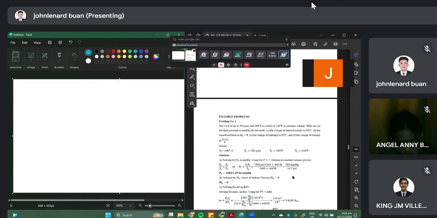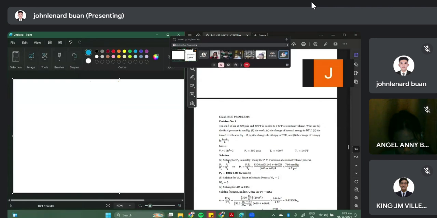What are A, the final pressure in mmHg, B, the work, C, the change of internal energy in BTU, D, the heat transferred in pound force feet, E, the change of enthalpy in BTU, and F, the change of entropy in pound force feet Rankine.